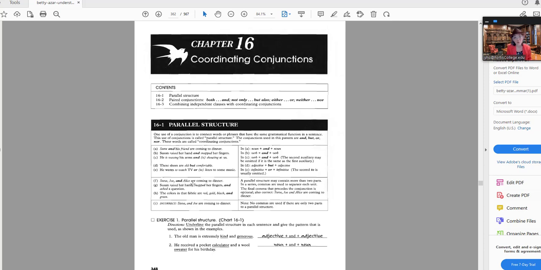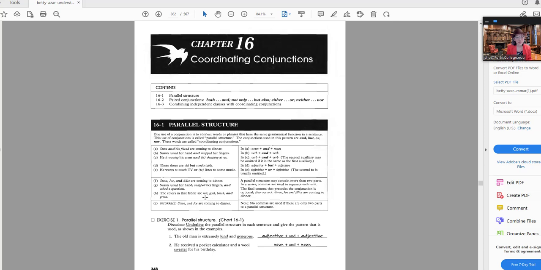You have parallel structure when you have adjective, adjective, adjective, or noun, noun, noun, in between coordinating conjunctions. The colors in that fabric are red, gold, black, and green. So here you have coordinating conjunctions and parallel structure: red, gold, black, and green.